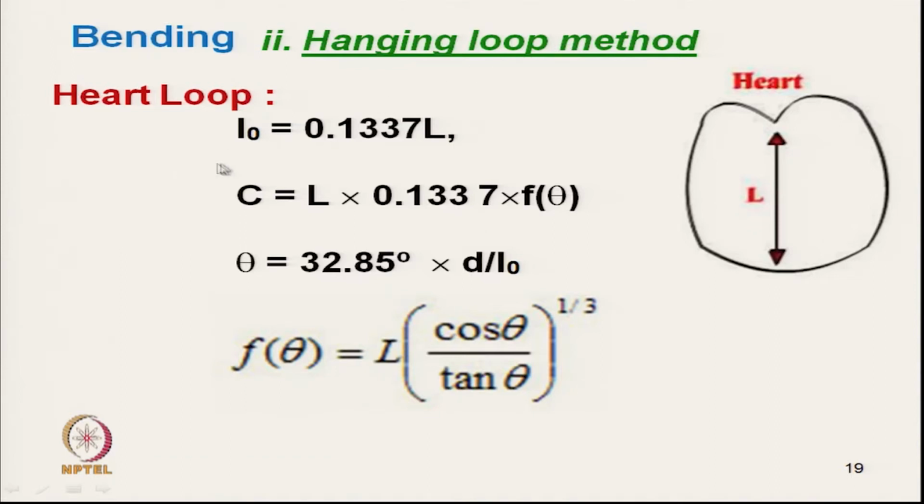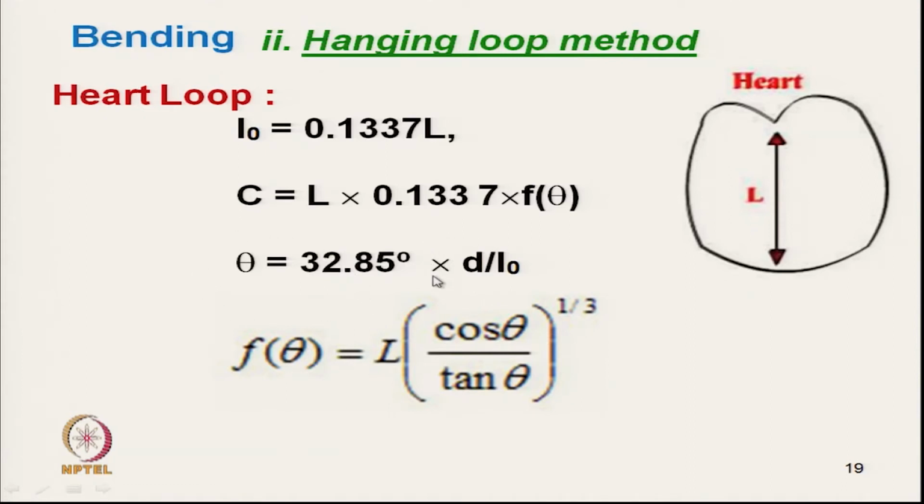From there L 0 equal to 0.1337 L, where L is the length of the strip and this one is a smaller length. So, C equal to L multiplied by 0.1337 multiplied by function of theta, and theta we can calculate, which is again a function of deflection.